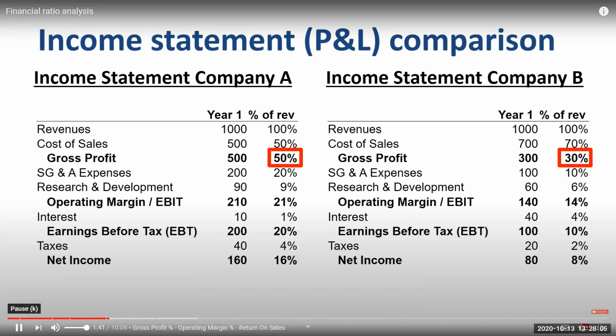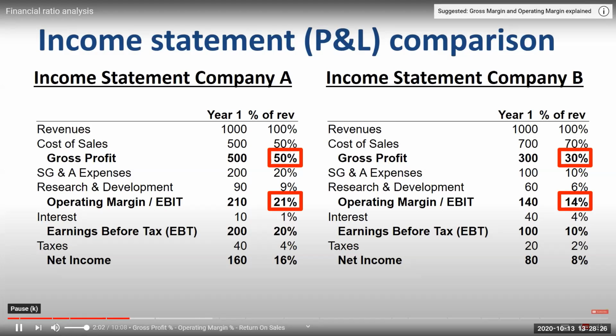Company A has a gross profit margin of 50%, Company B of 30%. So the gross profit margin is 20 percentage points higher for Company A. Company A makes far more margin than Company B on the products or services it sells. Company A has an operating margin of 21%, while Company B has an operating margin of 14%.